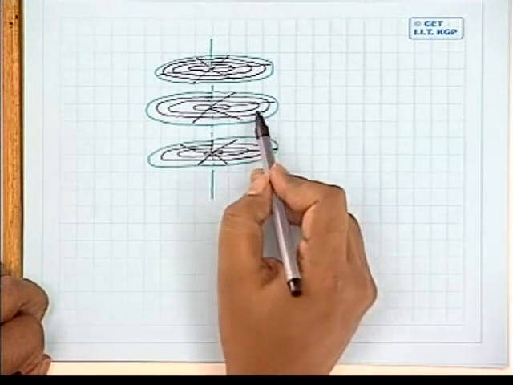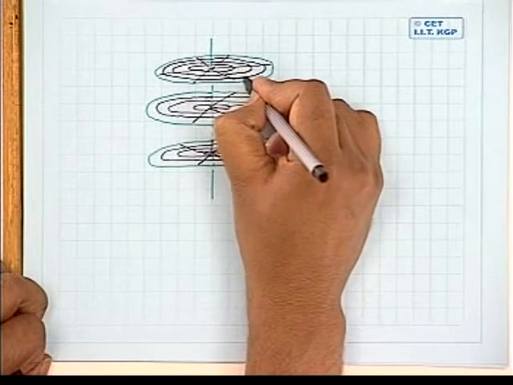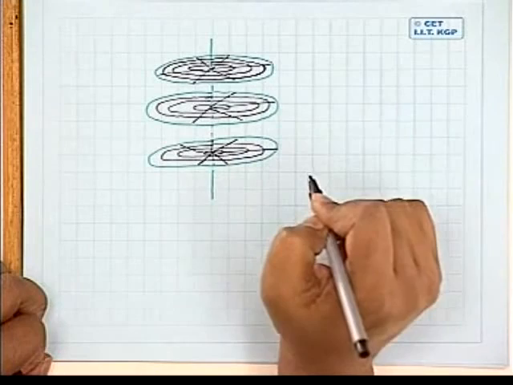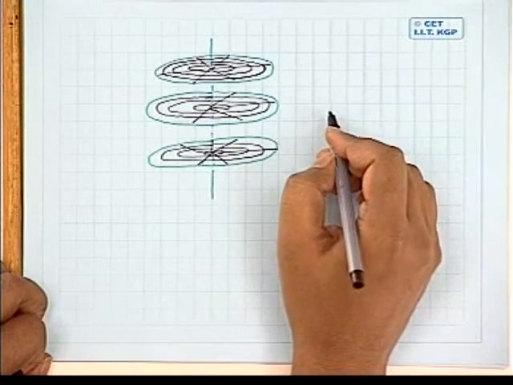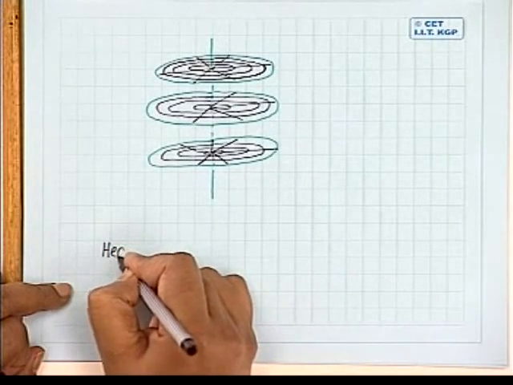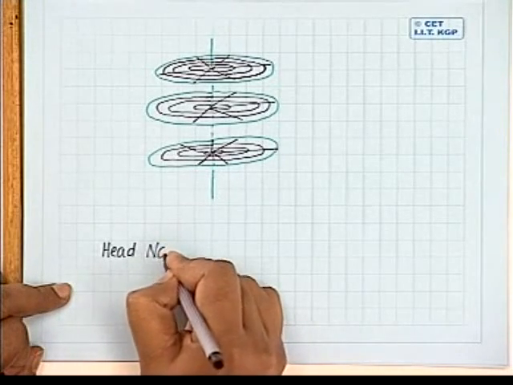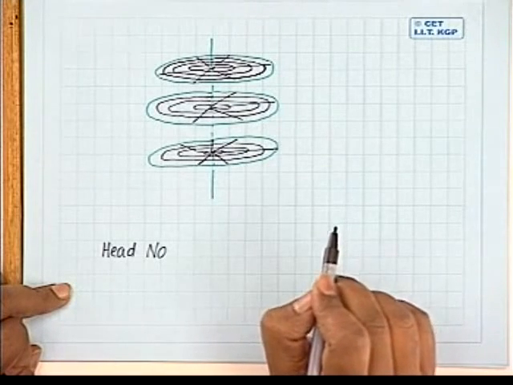Now, as before, in this case, for accessing a particular block on the hard disk, I have to have a 3-component address. I have to have the head number, because the moment I say what the head number is, that uniquely identifies the surface on one of these disks which I am interested in.